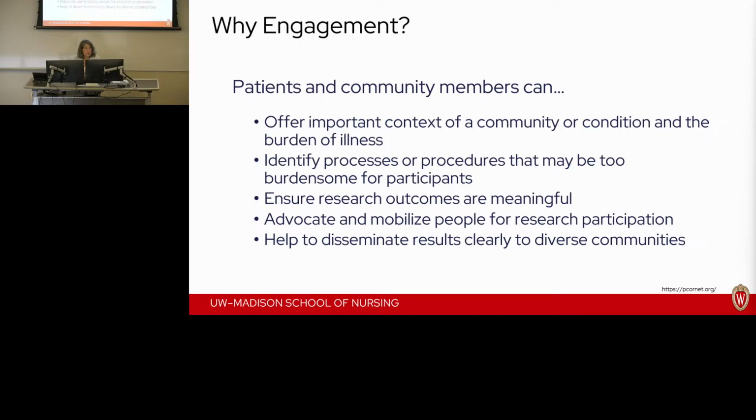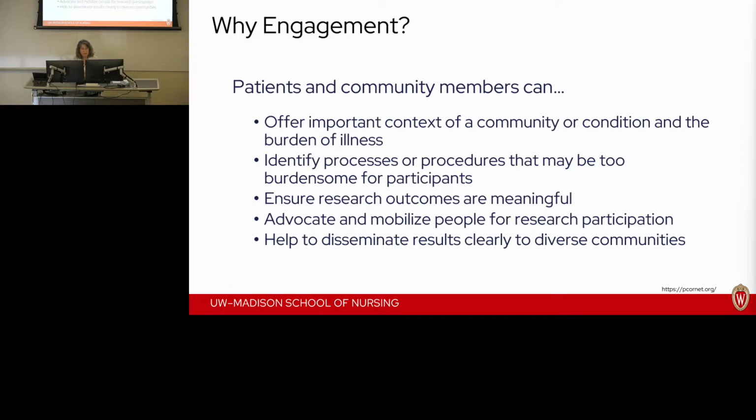And so that might be something that doesn't necessarily come to us as researchers. We might be thinking about outcomes that are really clinically based, but if they're not meaningful to patients, then they're not necessarily contributing to the quality of life. So we really need to have the input of patients and community members to understand what research outcomes we should be working towards.